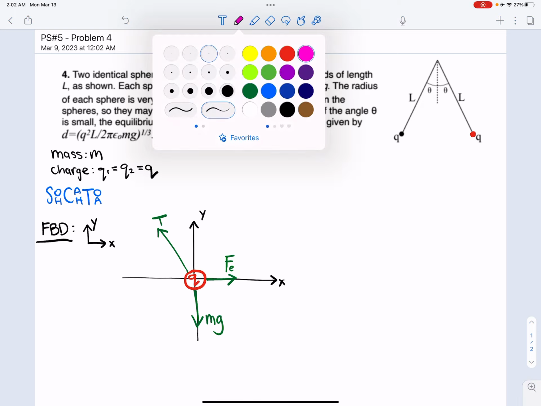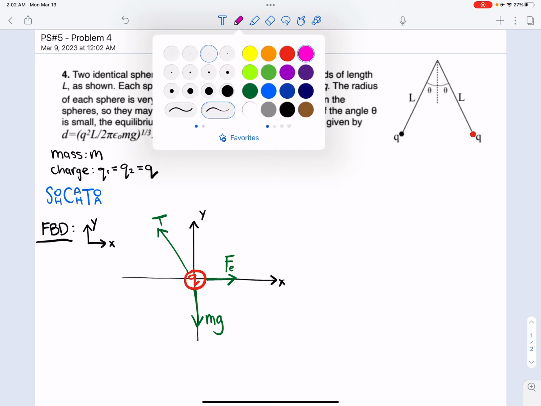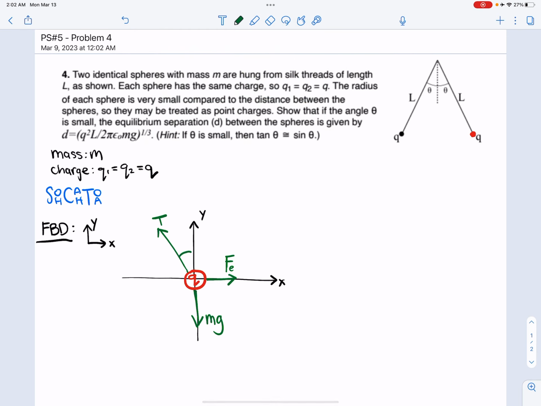So I'm going to break this tension force down into x and y components. Let's call this angle theta. My tension component along x would be t sine theta, and along y, this would be t cosine theta.